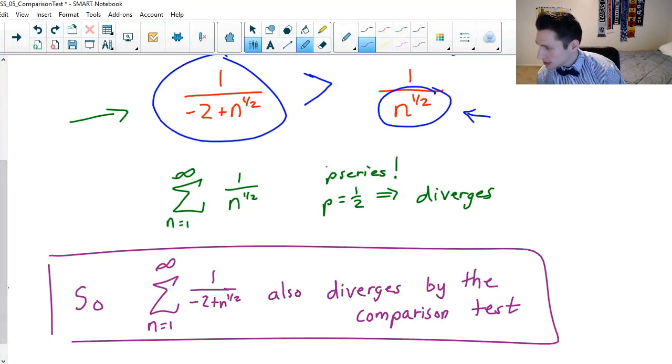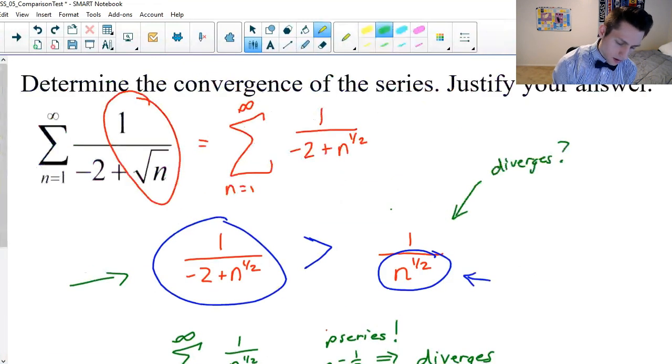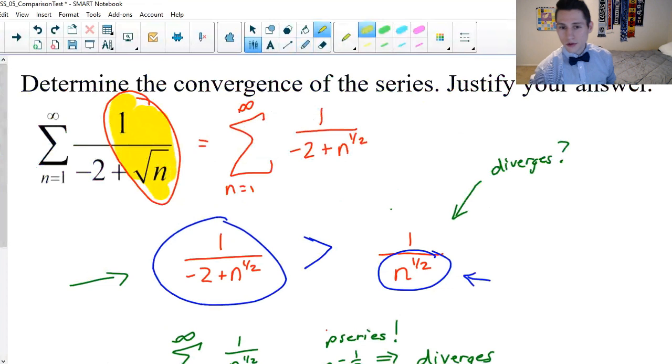All right, so the comparison test is really all about being able to look at the original series and see that there is another, more recognizable series within it. Like I said up here, I first had to recognize that if it were just 1 over square root of n, that's a p series.